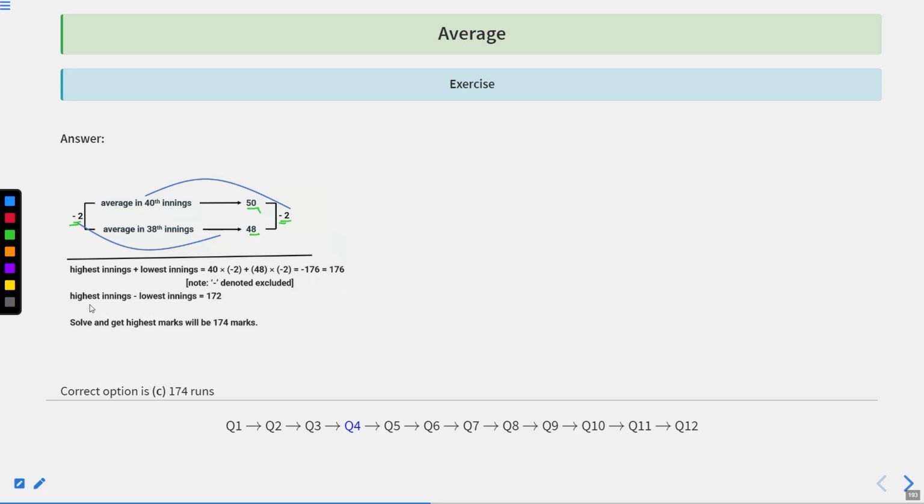So highest inning minus lowest inning is 172. That is already given to us in the question. Again, like the previous one, you have two equations and two unknowns. Just solve them and you can easily obtain the highest score. Okay, so the highest score is 174. That is option C.